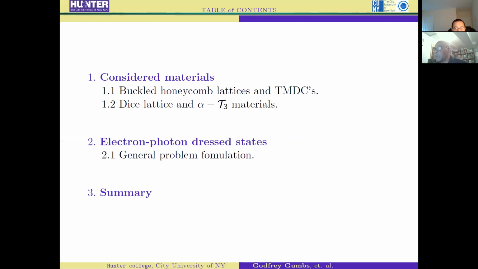The alpha T3 material, or dice model, is the material which I'll be concentrating on, given the limited time that I have today. What I will do is present a short summary of the formalism which is used in doing our calculations. And then I'll turn to Klein tunneling as an example of some of its applications.